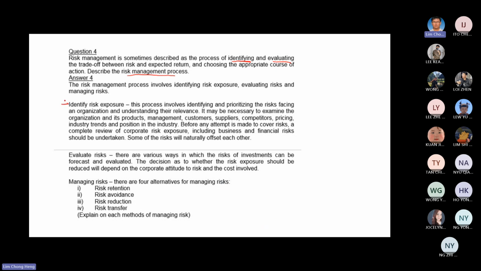The first step is identify. You need to identify the potential risks your company will face, and then you need to rank the risks. What kind of risk is a priority for you?